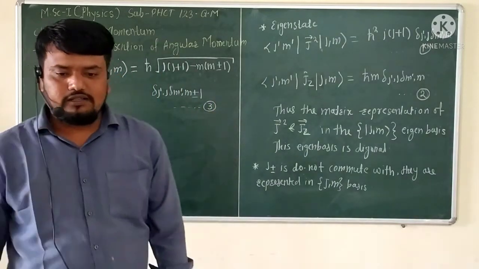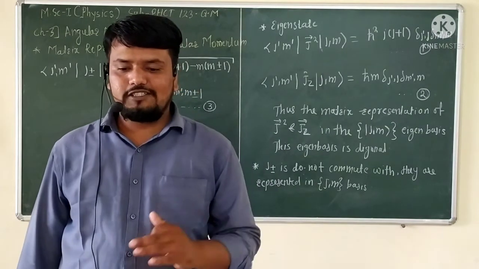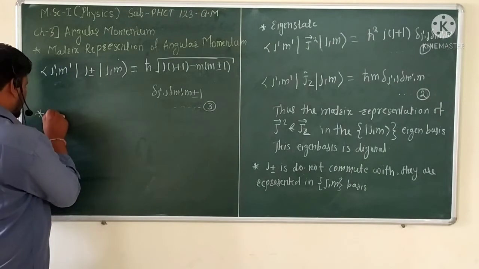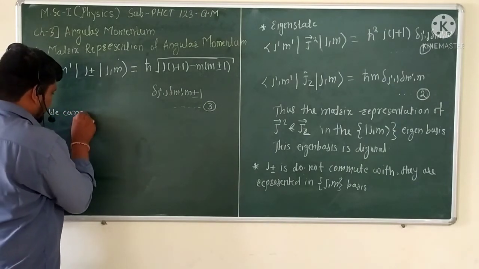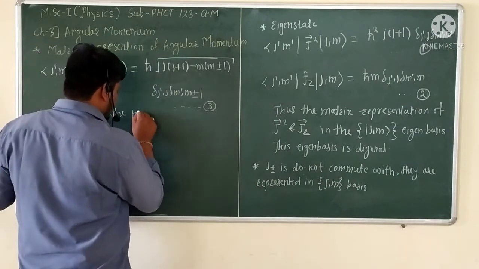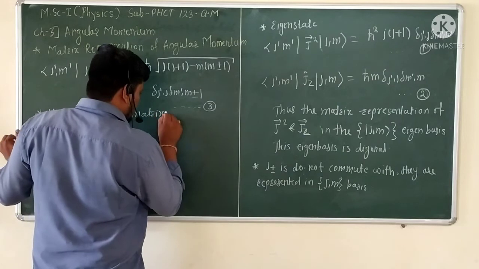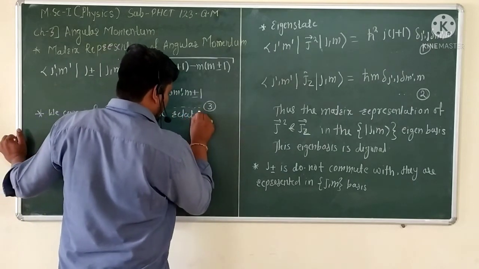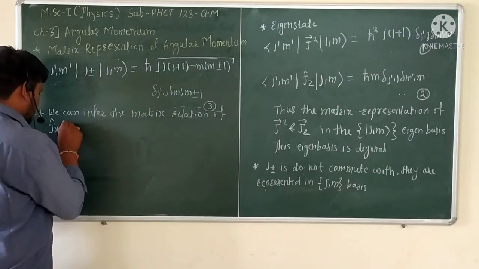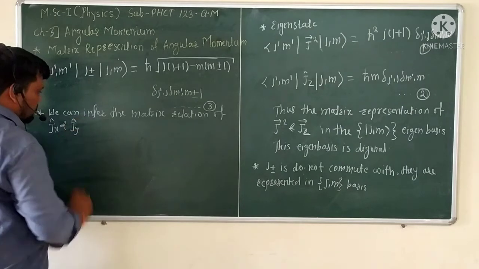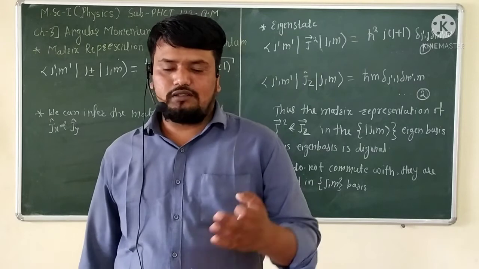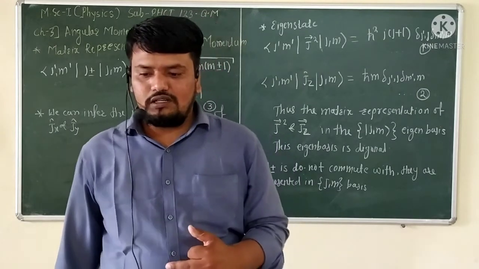Okay, and from this we can infer the matrix of jx cap and jy cap. What is this matrix relation? We already saw it in the last lecture.